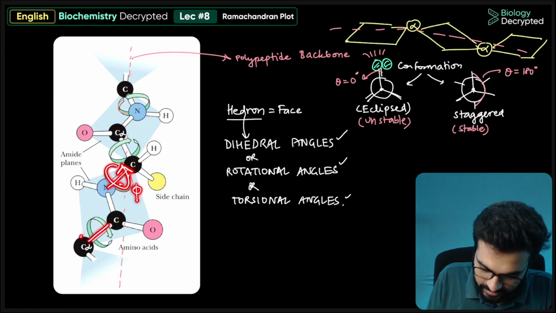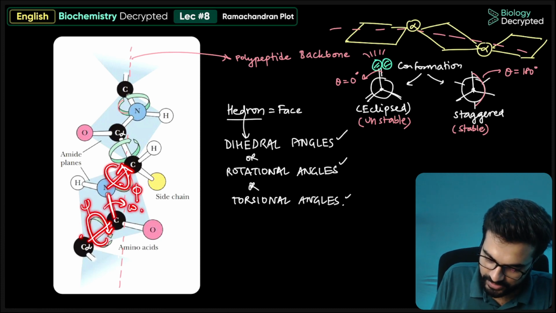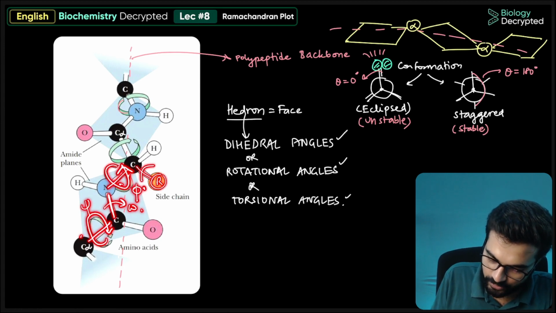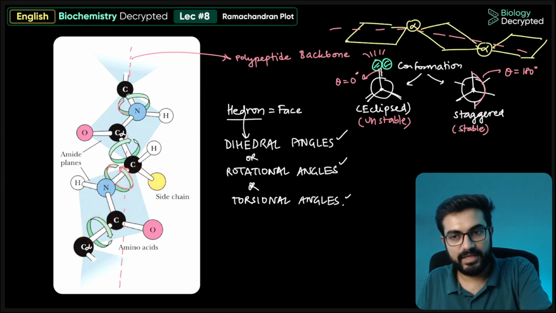And then if it is between C alpha and C, this is known as psi. The one between nitrogen and carbon is known as omega, and the one between the side chain, that is the R group, and carbon is known as chi.